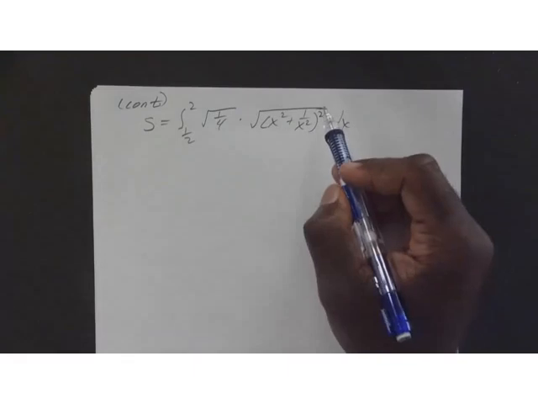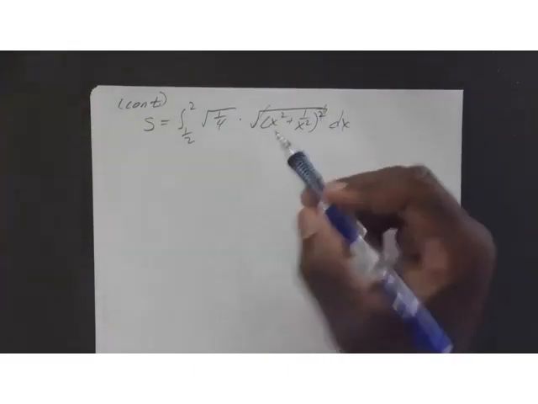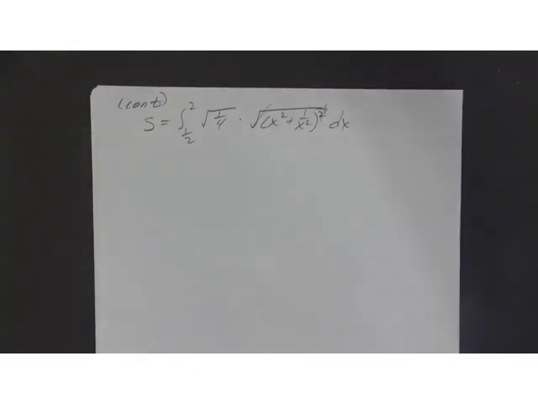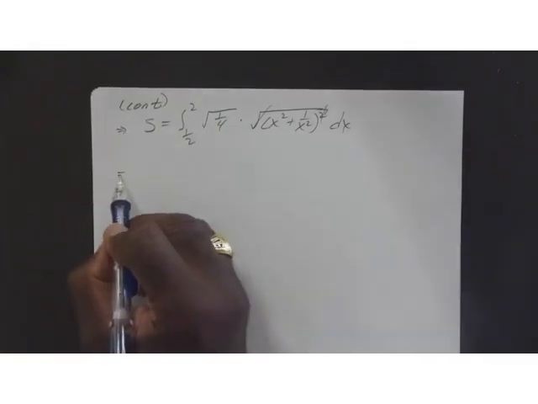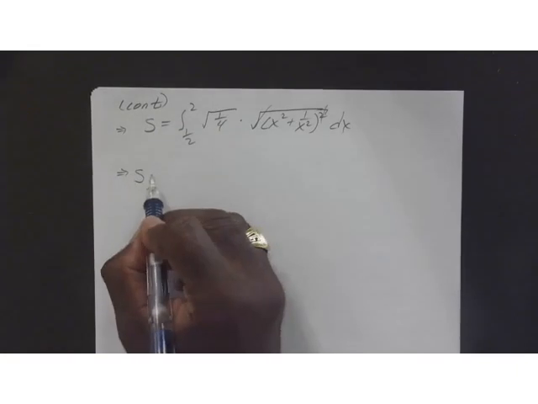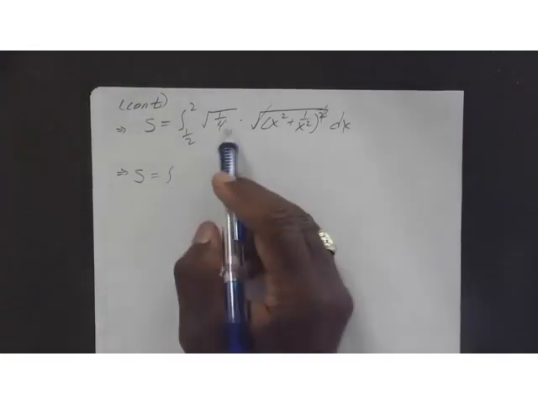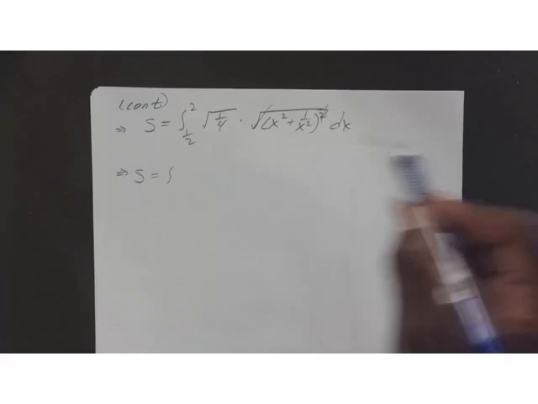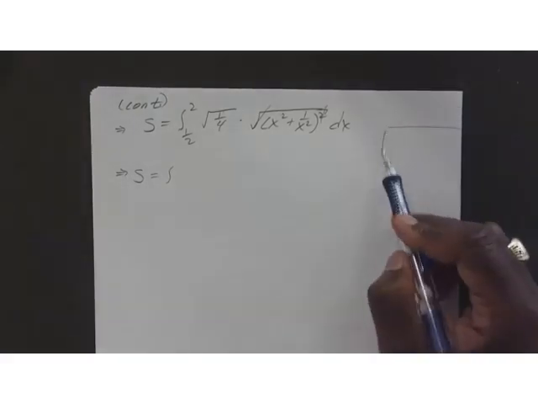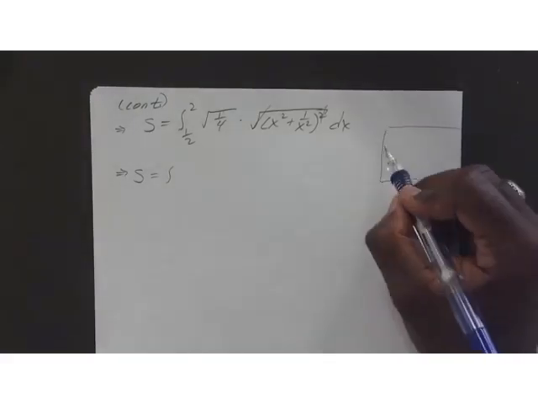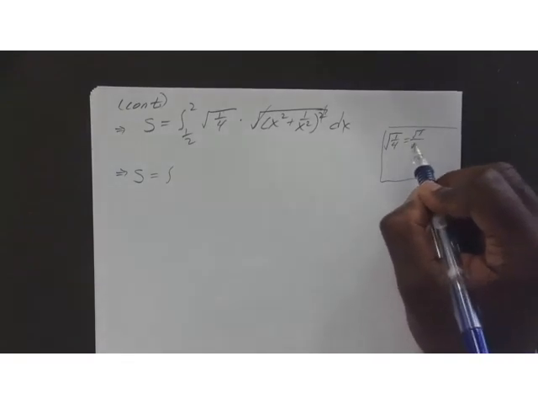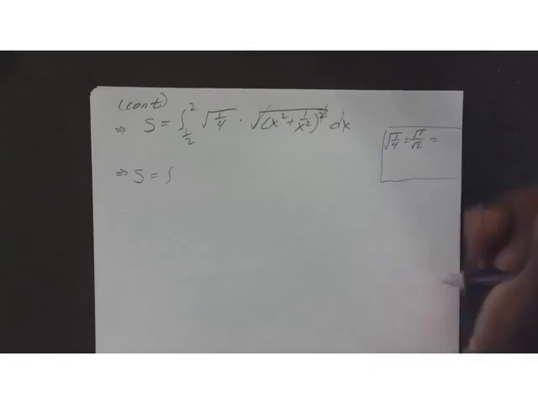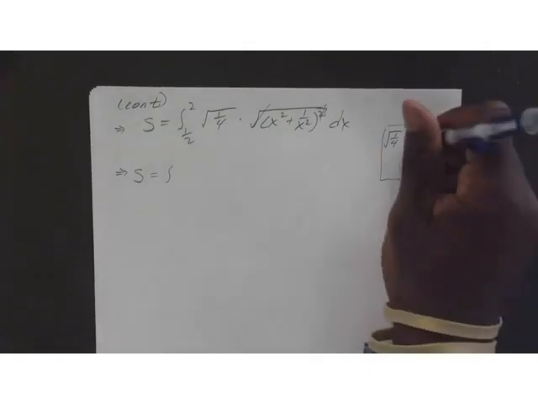Oh, luckily for us, the square and the square root cancel each other out. So know that arc length is equal to the integral, and the square root of 1/4, that's just 1/2. I mean, square root of 4 is 2, so the square root of 1/4 is 1/2.